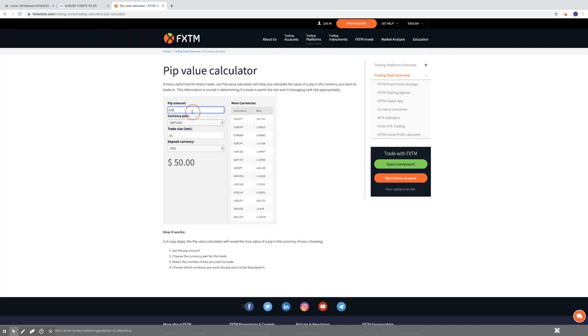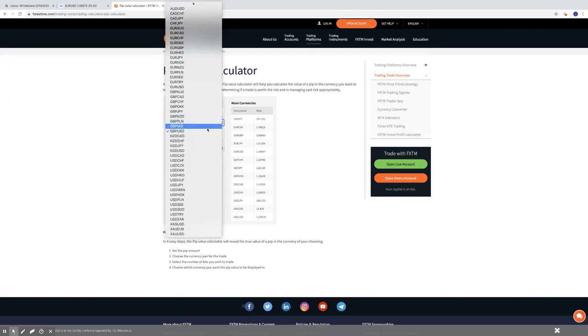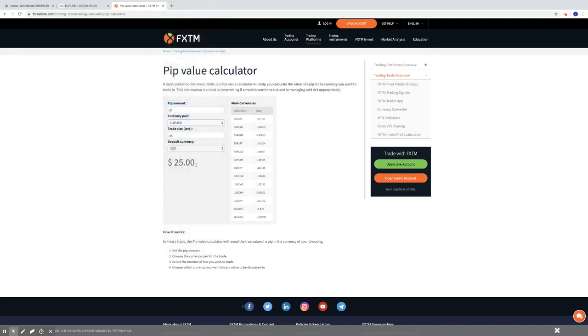So what I would do is put in our pip amount, which is 50, because that's the risk that we're taking. And again, this is just on one trade. Then we're going to go into the euro US dollar. There we go. I'm going to keep the deposit currency on the US dollar, just to keep things really easy.